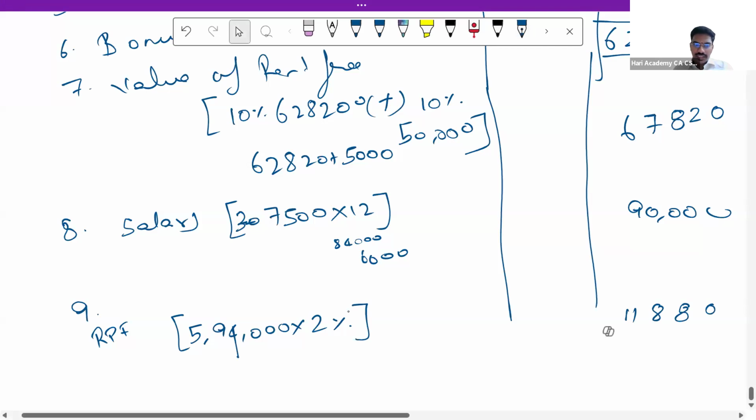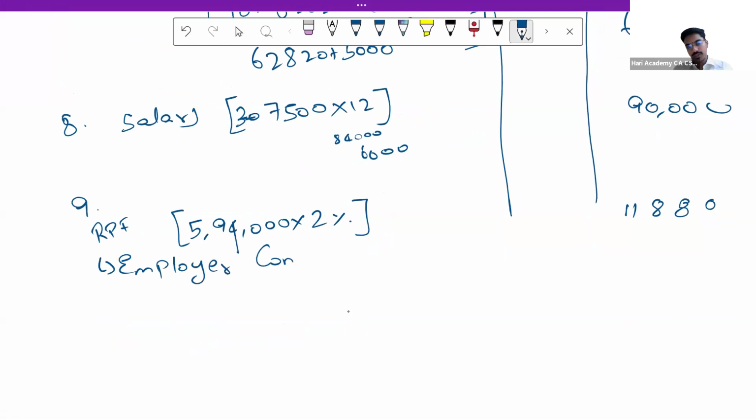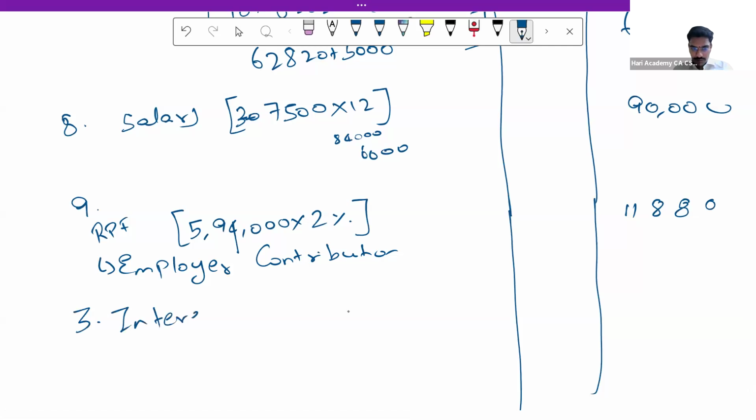The next point is interest on employer contribution.